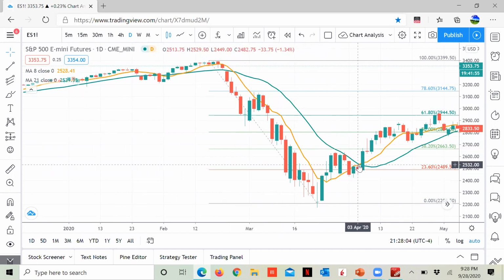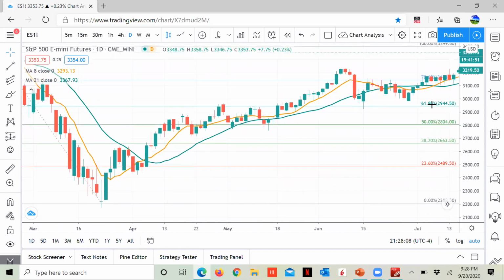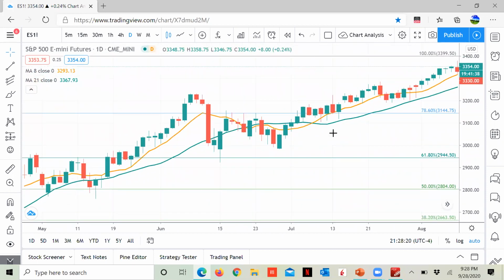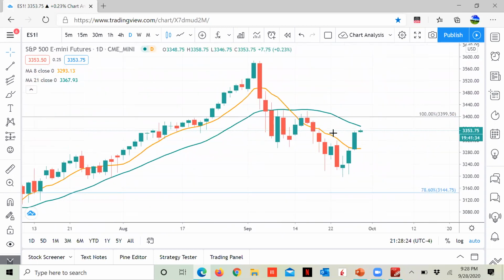And when it crossed again, it showed the bullish trend. Then again, this was closer because it was moving sideways. Then again, when the gap increases, you can see the bullish trend. Any questions on that?